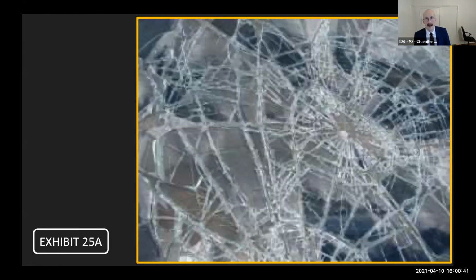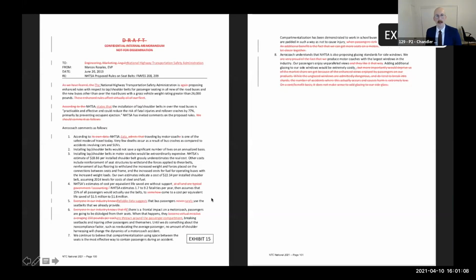Mr. Murray, in your electronic notebook, do you see Exhibit 15? I do. Give me a second and I'll get there. Okay. Is Exhibit 15 an internal version of that memo we were looking at in Exhibit 16? It is. We've got Exhibit 15 up here on the screen now.